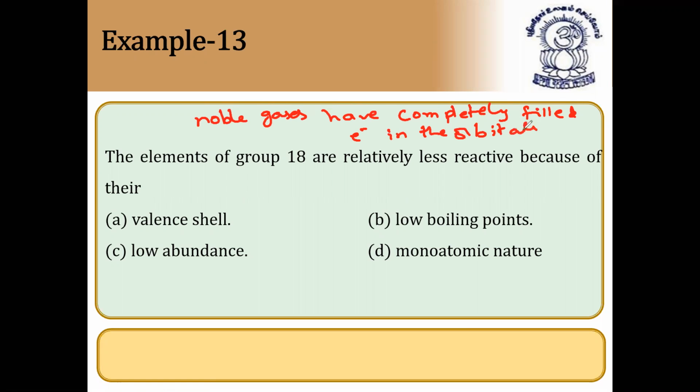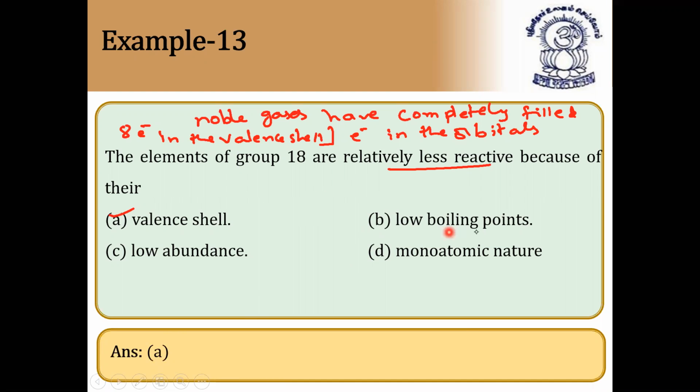That's why they are less reactive. The reason is the valence shell, because they have 8 electrons in the valence shell, except helium. So they are stable, and as they are stable they don't want to combine with any other elements. Let us check the answer. So it is A.